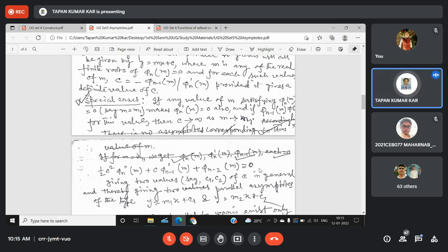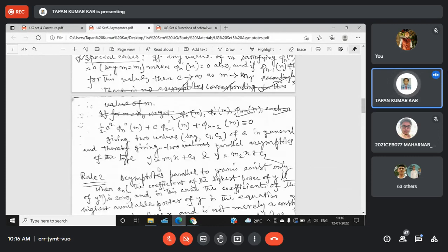If there are two parallel asymptotes, then the formula c equal to minus phi n minus 1 m by phi n dash m is not applicable. In that case, you have to use half c square phi n double dash m plus c phi n minus 1 dash m plus phi n minus 2 m equal to 0. From here you will get two values c1, c2, and the two asymptotes are y equal to m1x plus c1 and y equal to m1x plus c2.